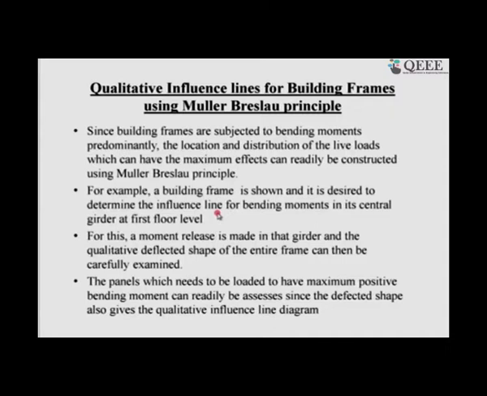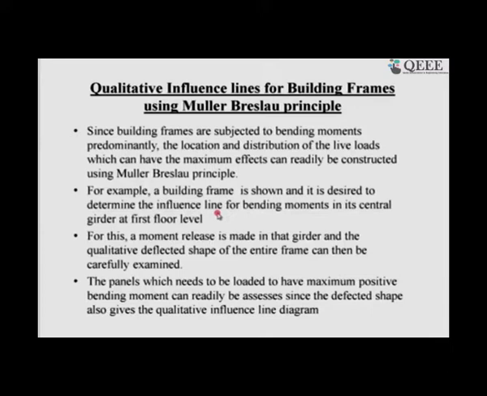And we will see what area the distorted figure and the original figure of the frame enclose, and according to whether it is positive or negative, it can give a fair idea about which portions of the building are to be loaded to have maximum effect, such as the bending moment at that particular portion of the girder being maximum or minimum, that is, negatively maximum.